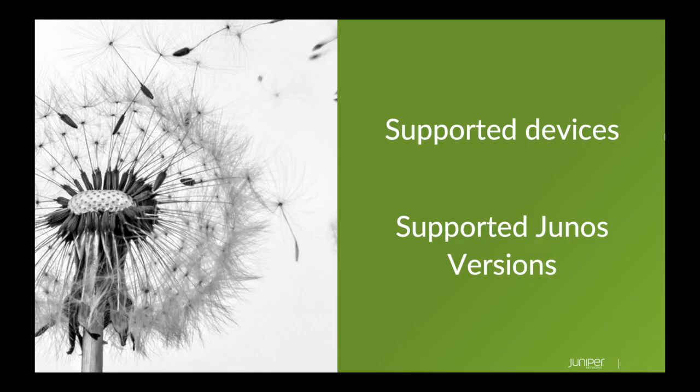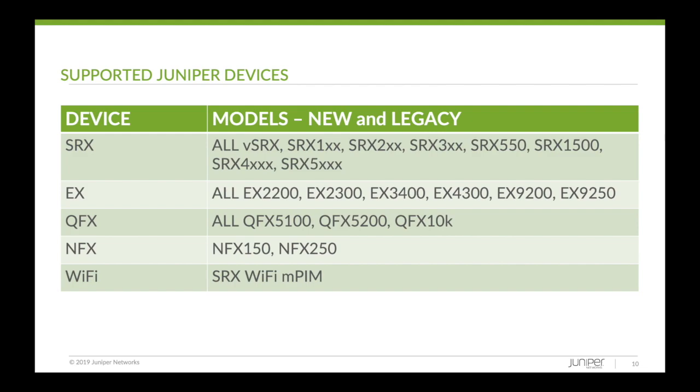Now moving on, let's take a look at which devices are supported by Sky Enterprise and which versions of Junos are supported on those devices. So it's a fairly simple table. Basically, all SRX devices, right from legacy SRX 100s through to SRX 5800s, are all supported in Sky Enterprise.